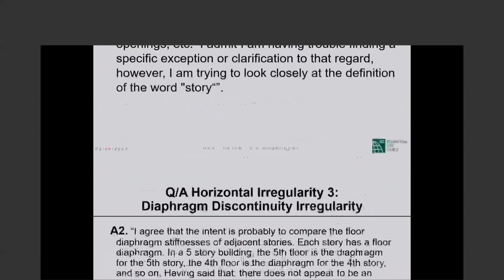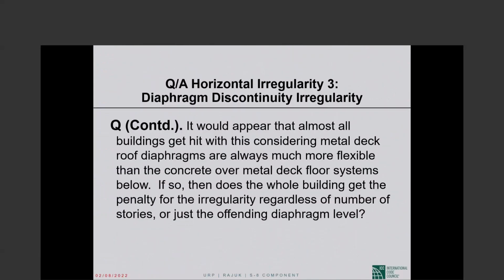The second question on which we have spent a lot of time, because this is an important question. In office buildings, the floors are typically steel. Well, first of all, many office buildings are made of steel, and the floors are steel decks that are topped with concrete. But the roof level steel deck is typically not topped.